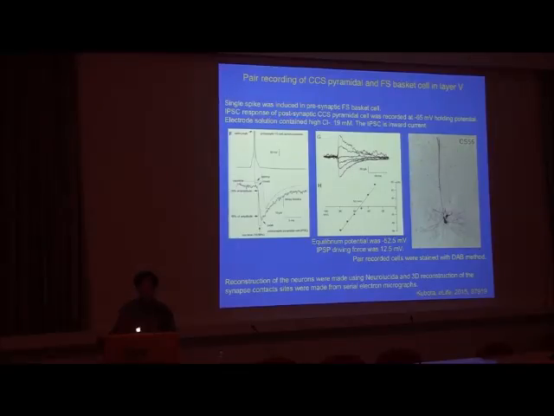And then after the recording, because we have biocytin in the electrode solution, we did histology to stain the pre and postsynaptic neurons. And then we did DAB reaction, and we showed very nice histology structures of the dendrites and the axons.